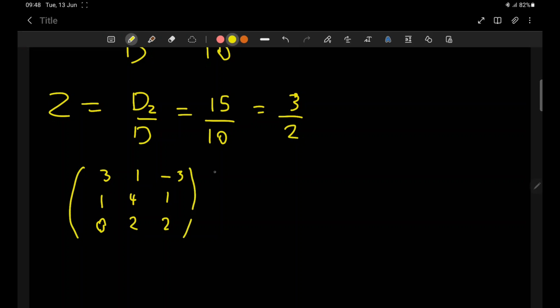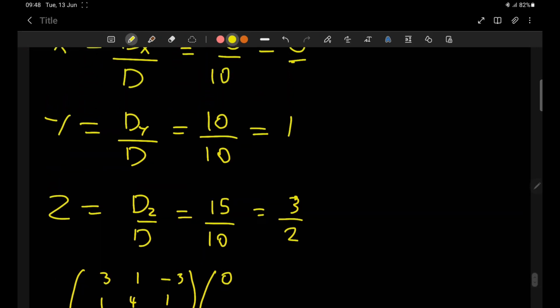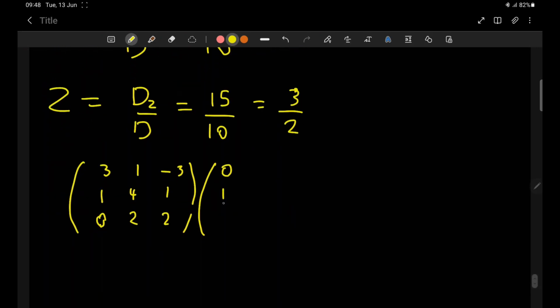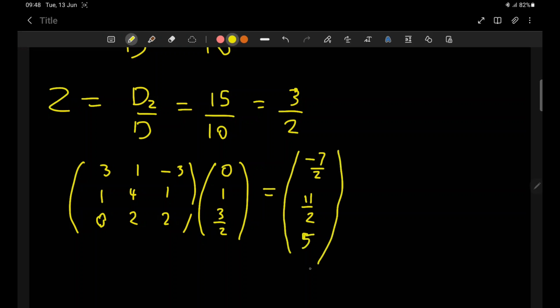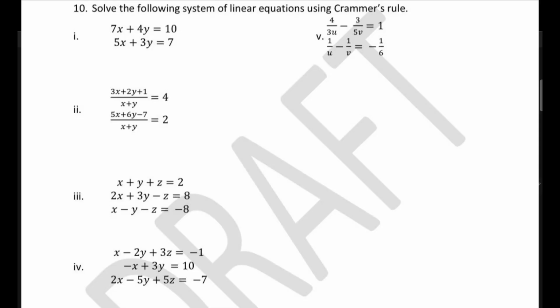And then we replace our values for x, y, z, which is just 0, 1, and 3 over 2. So this is equal to negative 7 over 2, 11 over 2, and 5. So this is our final solution.